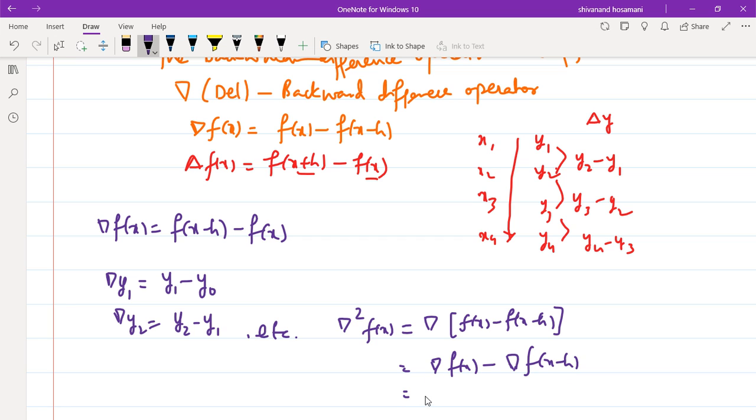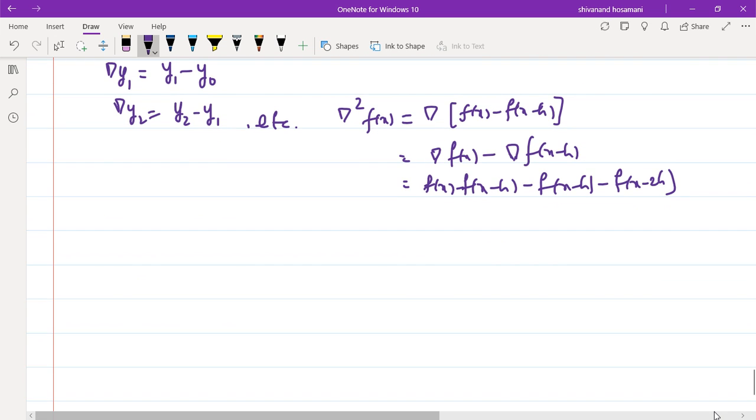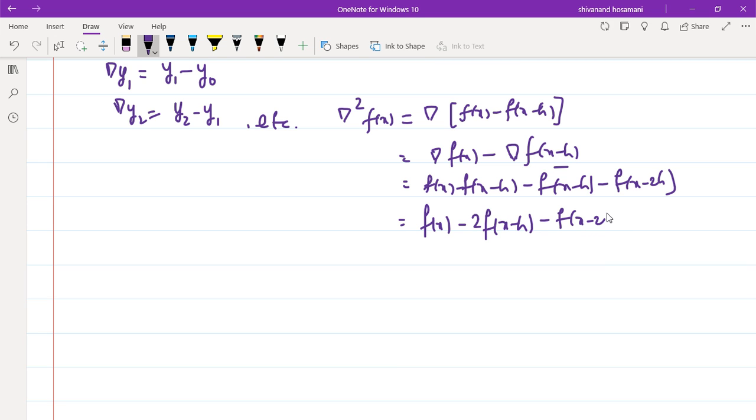Del f of x is f of x minus f of x minus h, and del f of x minus h is f of x minus h minus f of x minus 2h. So this is equal to f of x minus 2 times f of x minus h plus f of x minus 2h. That is the second backward difference operator.